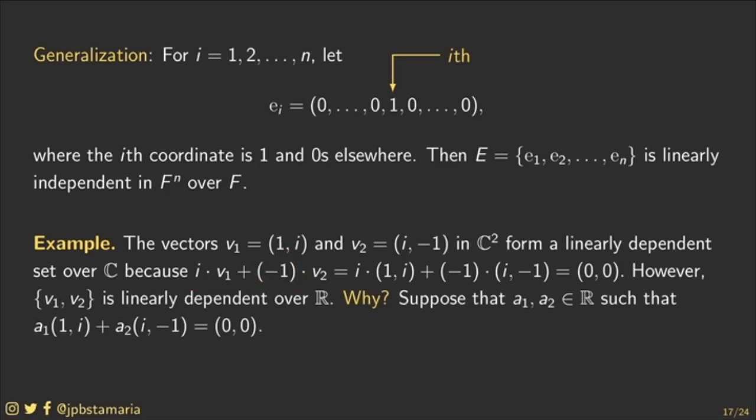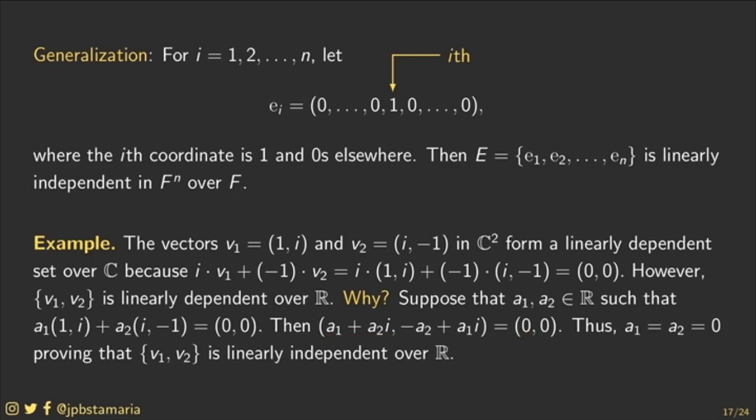For example, suppose that a1 and a2 are real numbers such that this is true. They are real numbers. That would mean the following, right? Because these are real numbers, for this to be 0, we need a1 and a2 to be both 0, proving that this set is linearly independent over R, although it is linearly dependent over C. So the linear dependence does not depend on the vector space alone.